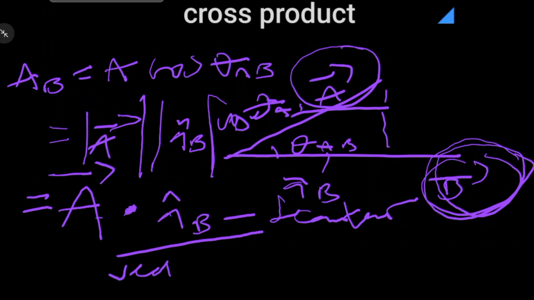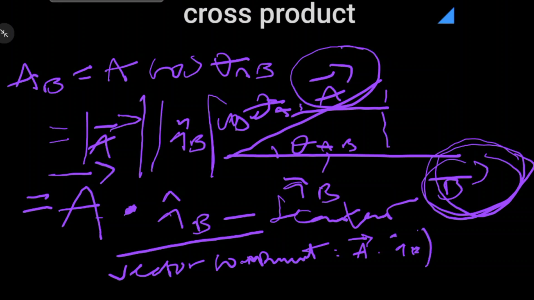Then for the vector component, we have the scalar component multiplied by its unit vector.